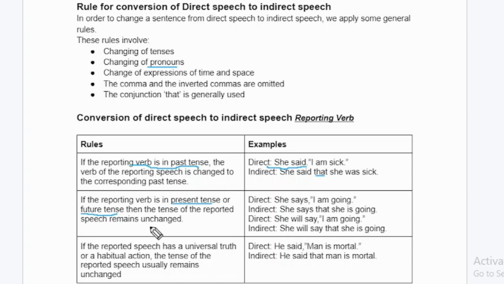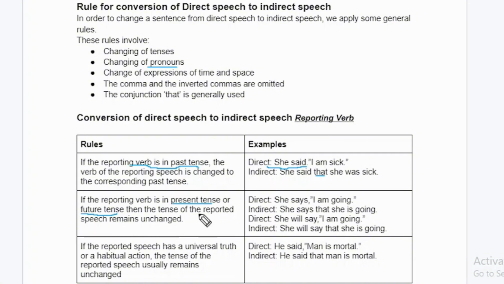It means, if the reporting verb is in present tense or in future tense, we do not change the tense of the reported speech; it remains unchanged.